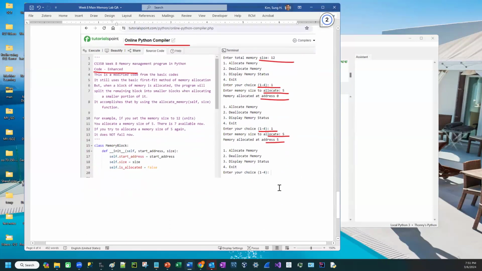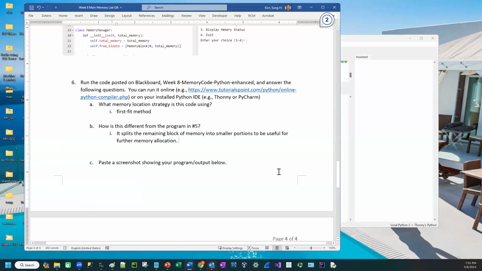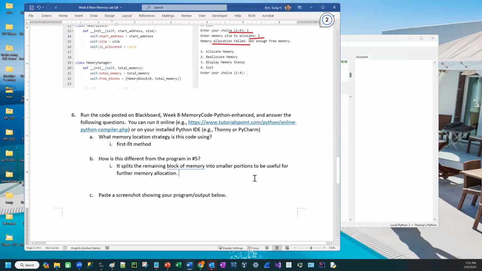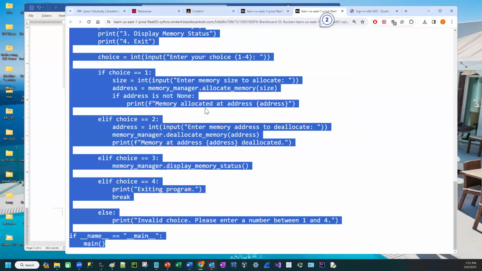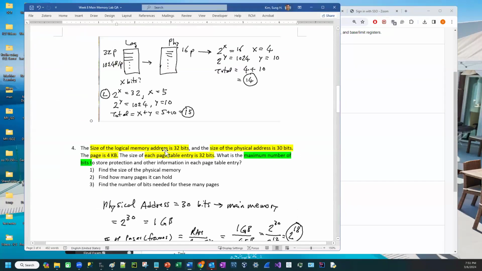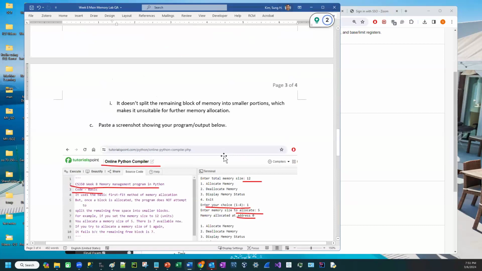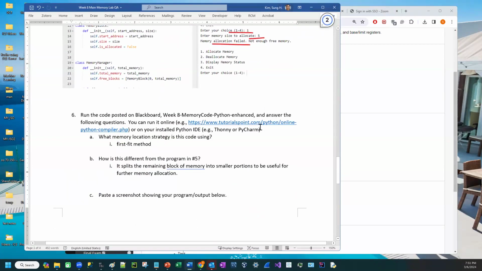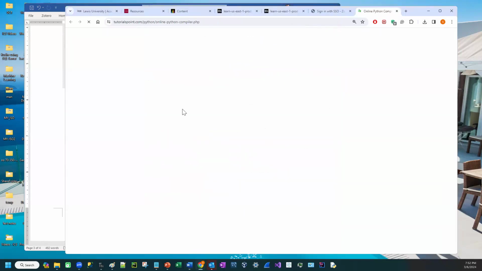Okay. So anyway, that's a quick demo on how to do these 2 codes. So make sure you grab the 2 codes here and try to run them on Tutorials Point. But if that doesn't work, then just use whatever platform you use.